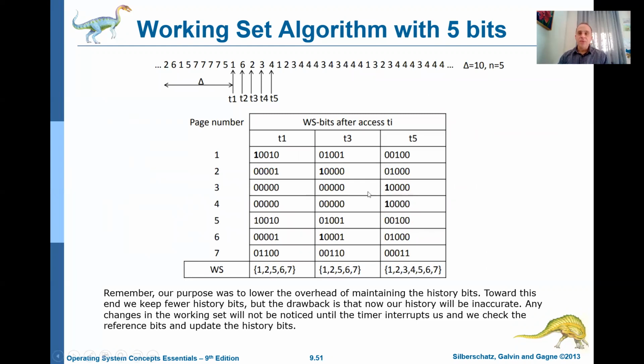Remember, we're going to have a timer interrupt from T1 to T3, which means every 2 time units. So we're going to look back 2 time units. Let's call these time units now. So in the past 2 time units, what was referenced? 1 and 5. So you'll see a 1 and a 5 here.